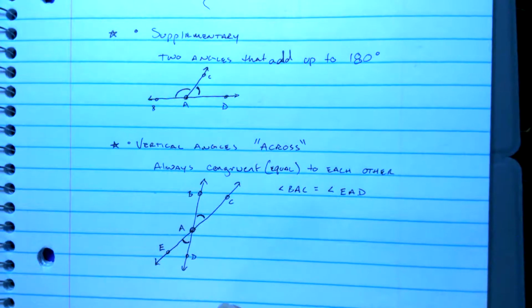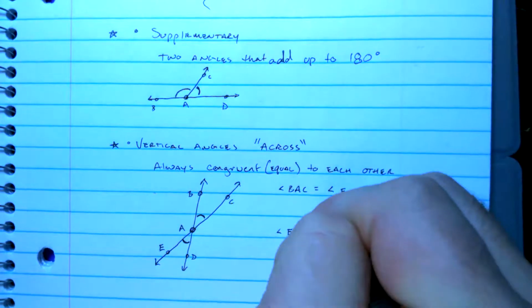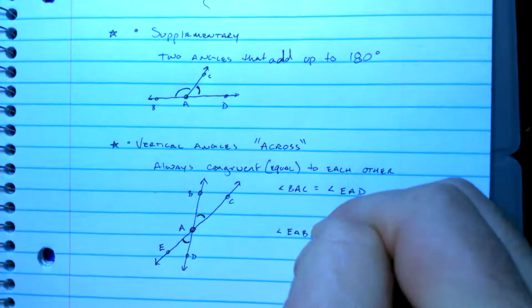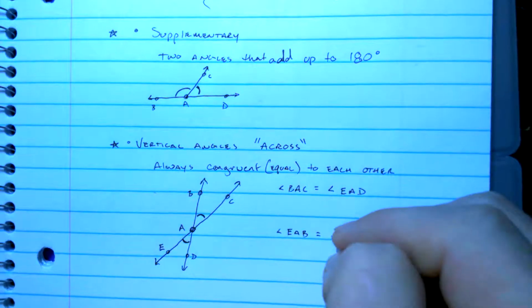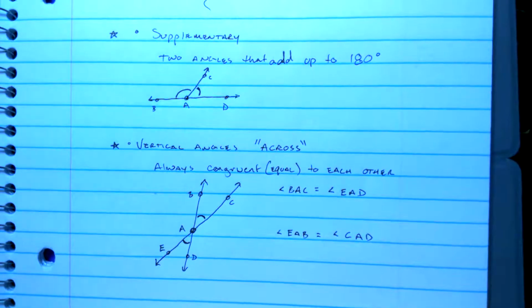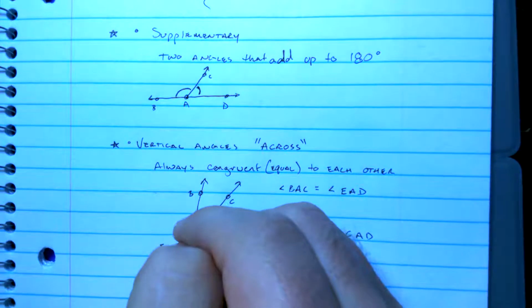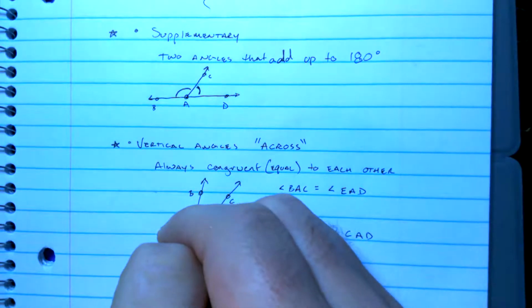But again, just because they're called vertical angles does not mean that they have to be up and down. We are also talking about angle EAB being equal to angle CAD. So EAB is going to be this angle here, on the outside.